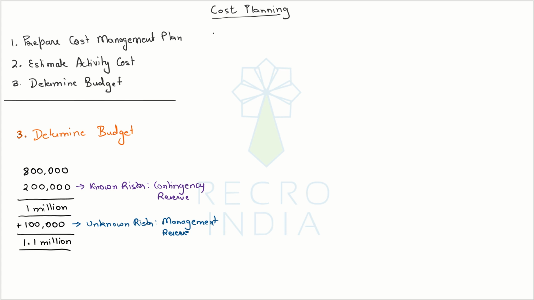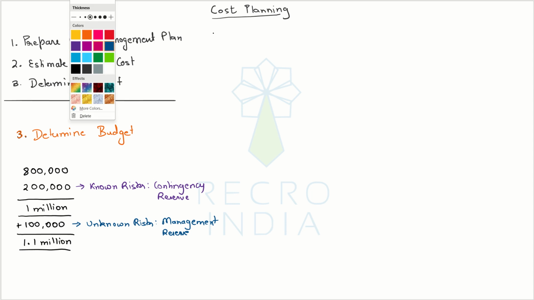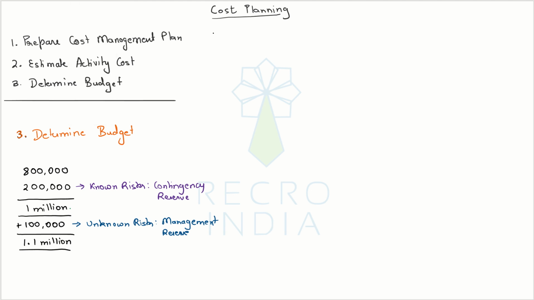Depending upon the risk profile of the project, this is purely a percentage, because it's kept for unknowns. We don't know what kind of risks may be waiting to happen that we haven't been able to foresee yet.